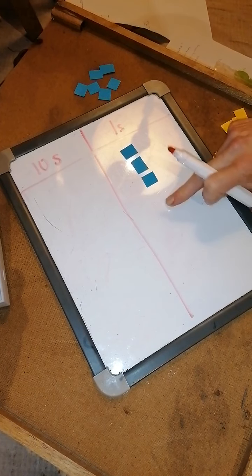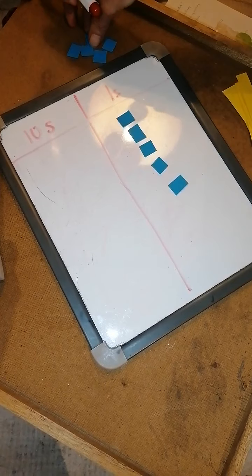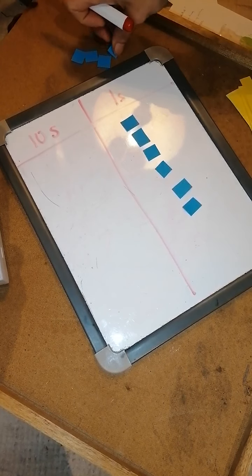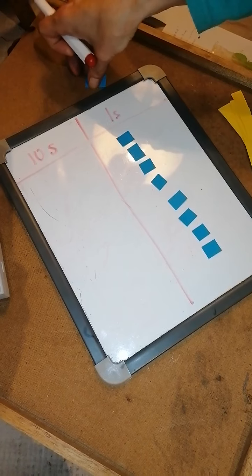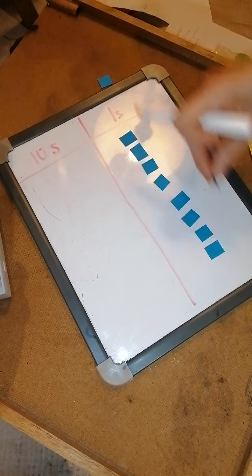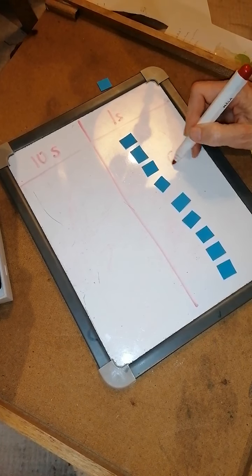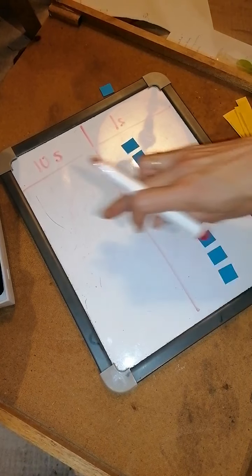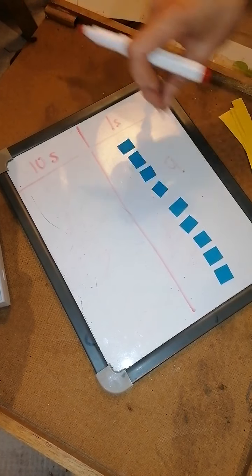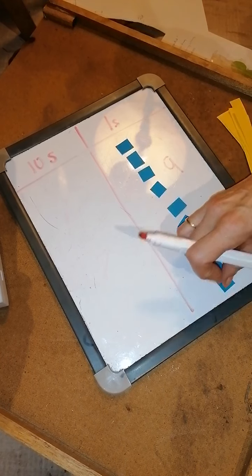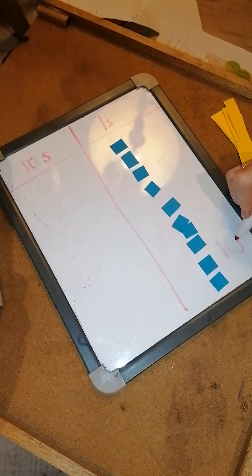But if I keep going, 4, 5, 6, 7, 8, 9. I've now got 9 in my ones column. I would still write 9 and there'd be nothing in my tens column. But if I add another 1 to this column, I now have 10.